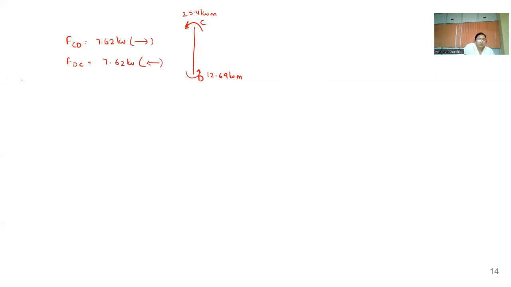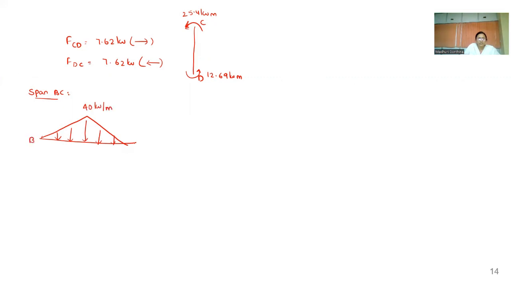So now coming to the span BC. Span BC, if you just consider, this is a loading that has been given, which is of 40 kilonewton per meter.